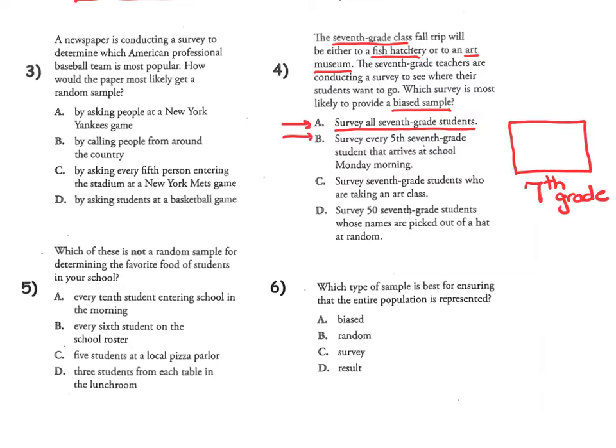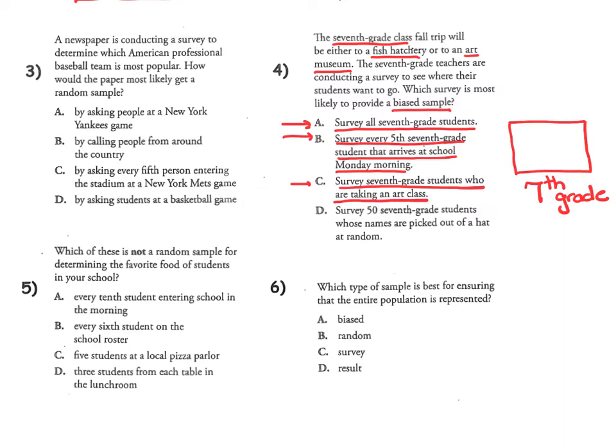B, survey every 5th 7th grade student that arrives at school Monday morning. Well, they probably would catch almost all the kids, so that should be pretty fair. Would it be fair if they took a survey of the 7th grade students who are taking an art class?